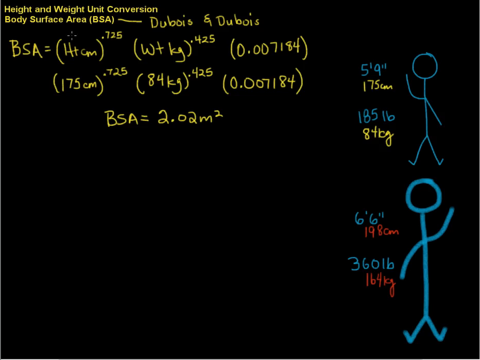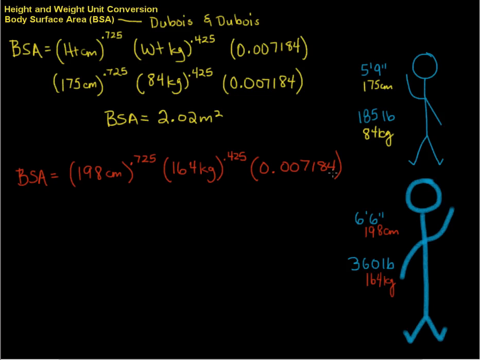Now let's quickly go through doing that again for the second person. So the body surface area for our second person is equal to the height in centimeters, which is 198 centimeters, to the 0.725 power, times the weight in kilograms, which is 164 kilograms, to the 0.425 power, times our conversion coefficient of 0.007184.